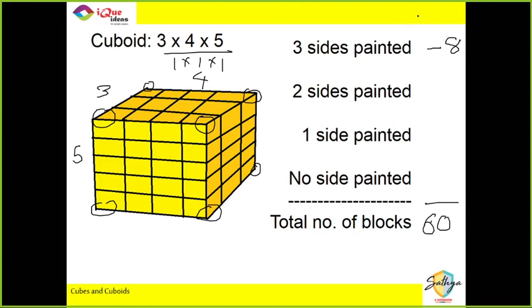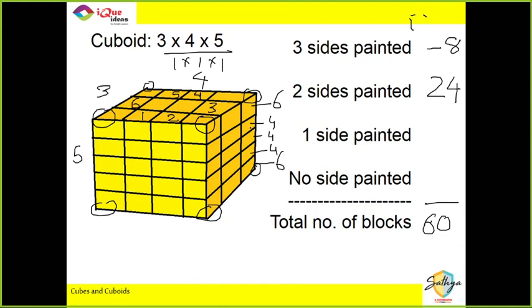Now 2 sides painted के लिए top layer में गिनेंगे अभी. Top layer के अंदर 1, 2, 3, 4, 5 and 6. So 6 in the top layer, 6 in the bottom layer, and every middle layer by default 4. That means total 24 pieces. टू साइड्स पेंटेड वाले टोटल 24 पीसेस, गाइस. गॉट इट? काउंटिंग कैसे किया मैंने? टॉप एंड बॉटम में एज वाले काउंट किए हैं, बाकी में 4 काउंट किए.